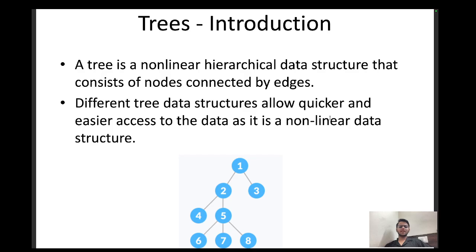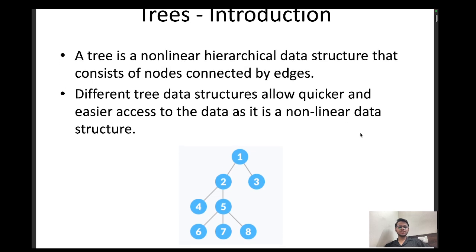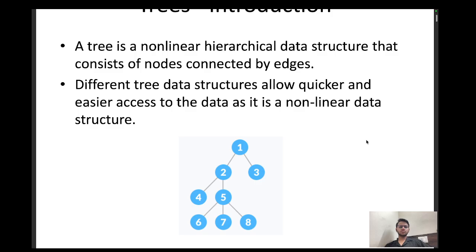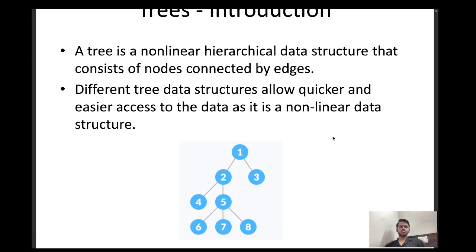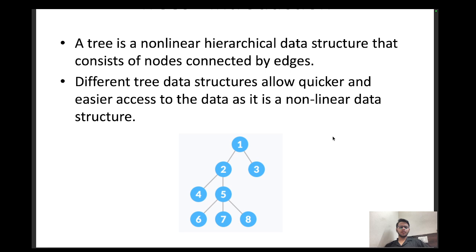By reading these first two lines, we get the imagination that a tree is a data structure that consists of nodes which are connected by some edges. We basically do not know right now what these nodes and edges are, so we'll figure it out in some time.